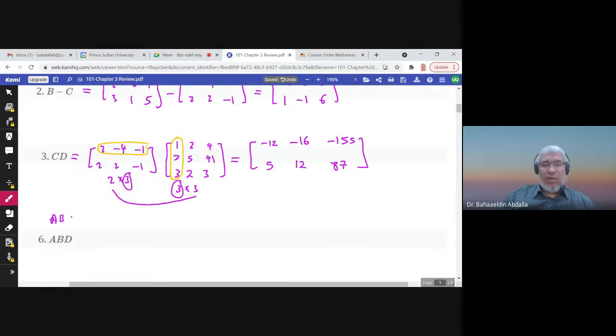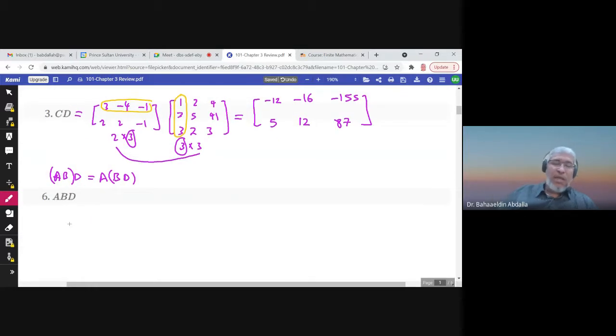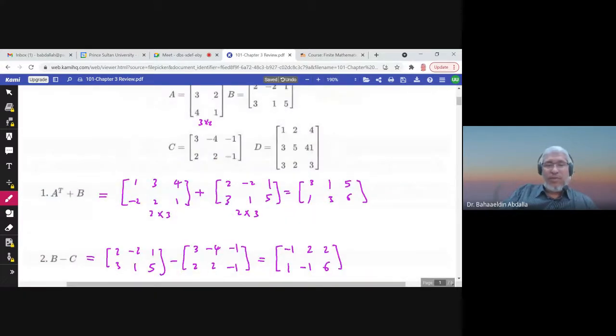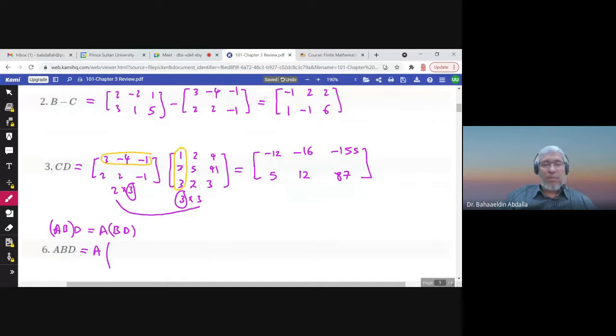ABD is equal to A(BD), whether you evaluate AB first and then multiply by D, or BD first and then multiply by A. So let me first find B times D. So this is the matrix B times the matrix D.